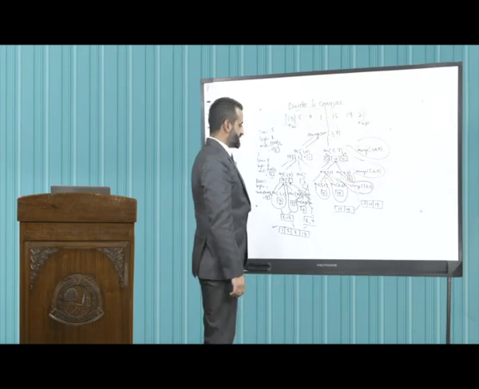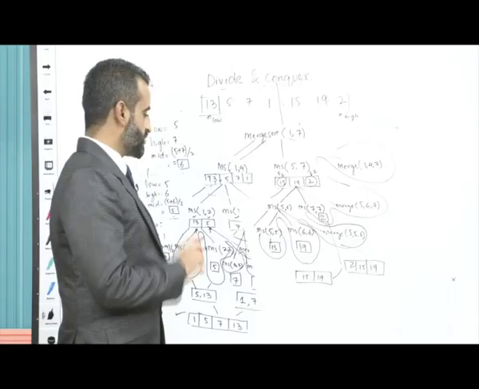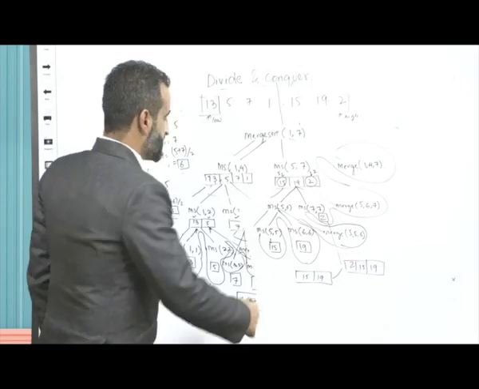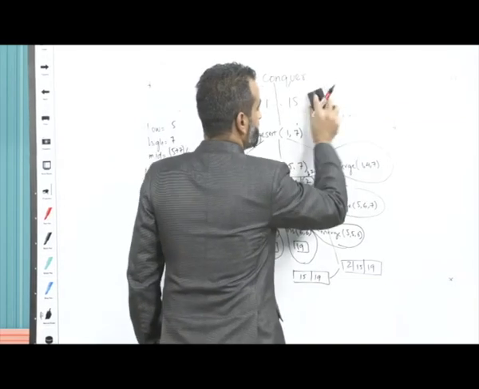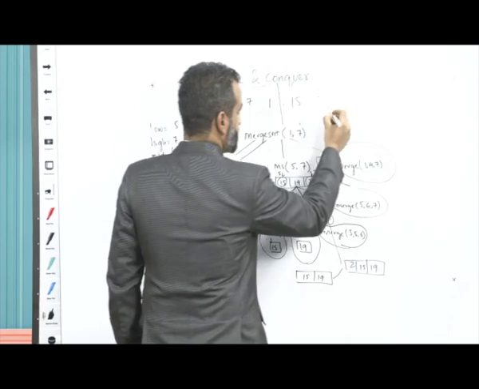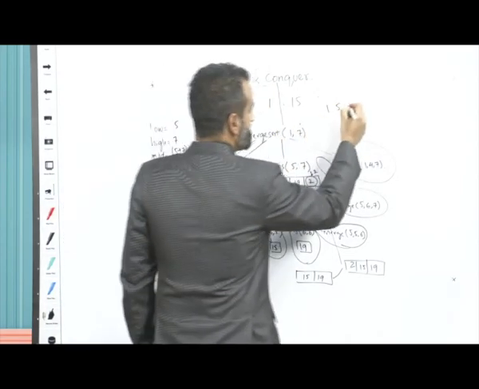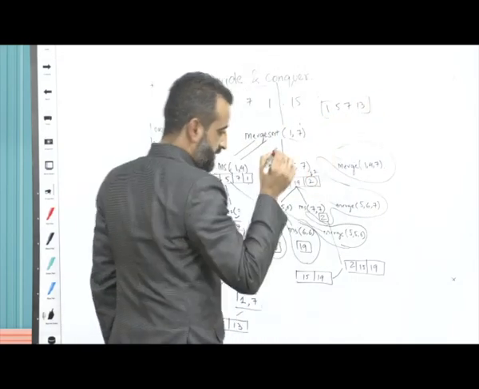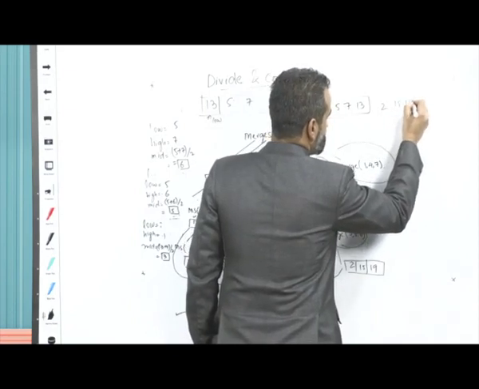When I apply this, the output of this entire algorithm will be a sorted list. Now remember, I'll just write it down over here. The left half points towards 1, 5, 7 and 13, and my right half is 2, 15 and 19.